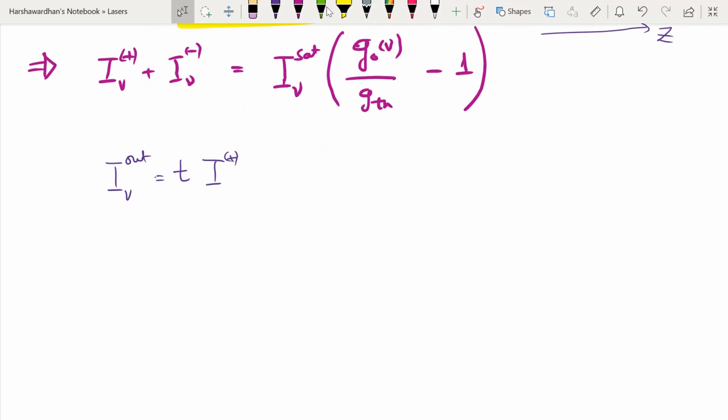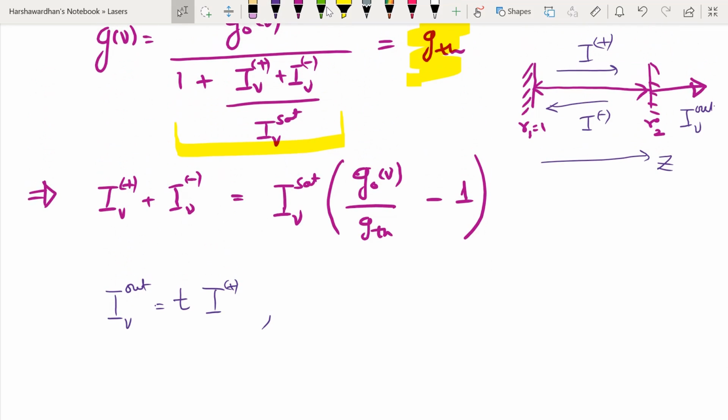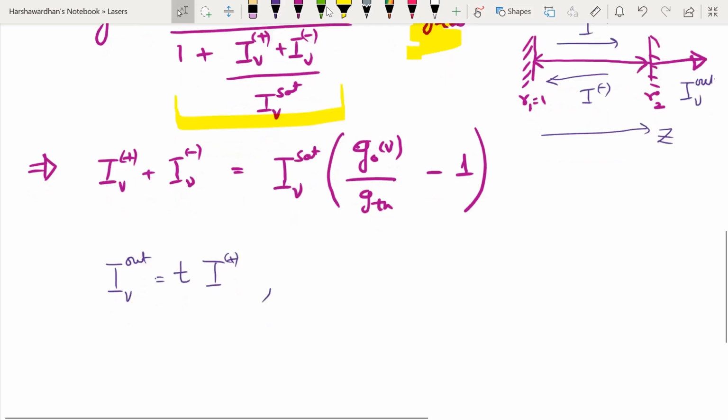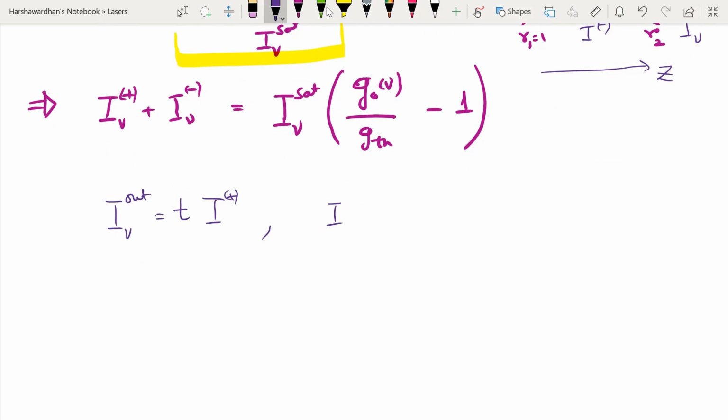All right. So now that we have fixed this, I have also assumed that my reflectivities might be finite, but they are still quite close to 1. One can have 0.96, 0.98 reflectivity, and such high reflectivity mirrors are what are used for feedback. So I know also that my I plus in magnitude is comparable to I minus. This is not true if the reflectivities were as small as, let's say, 20% or 30%.